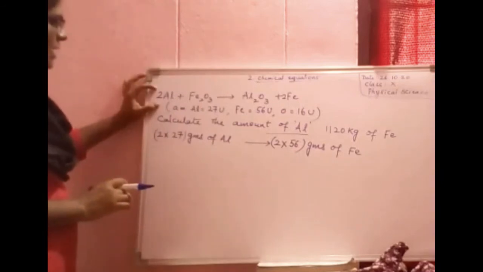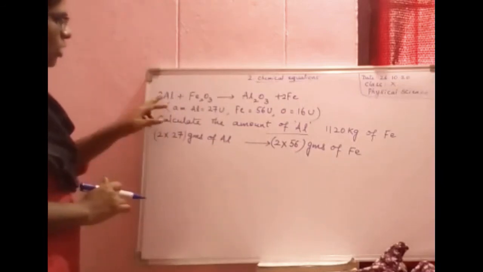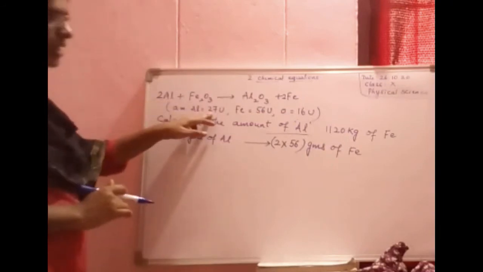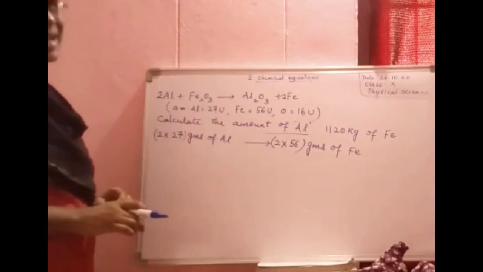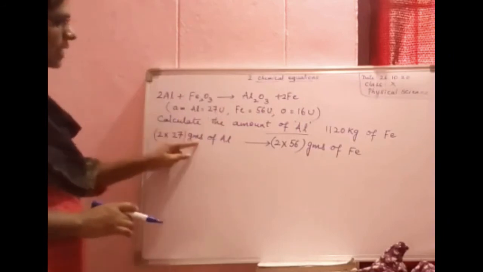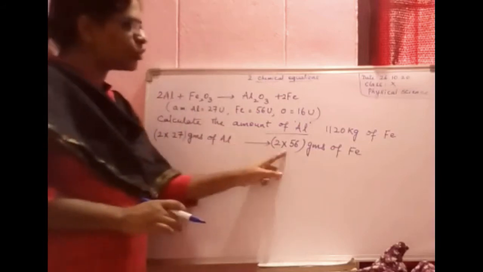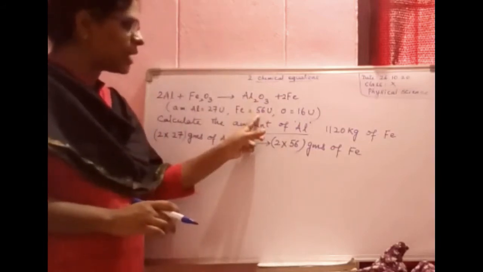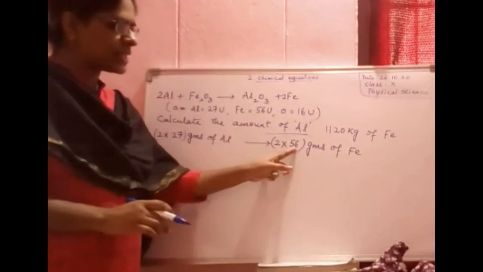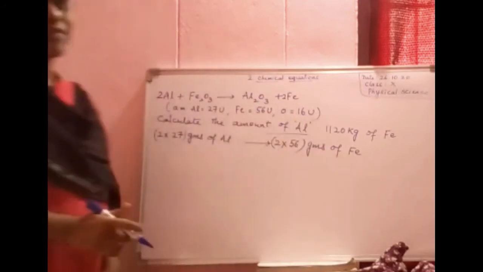From this reaction, 2 into 27 grams of aluminium gives 2 into 56 grams of Fe.